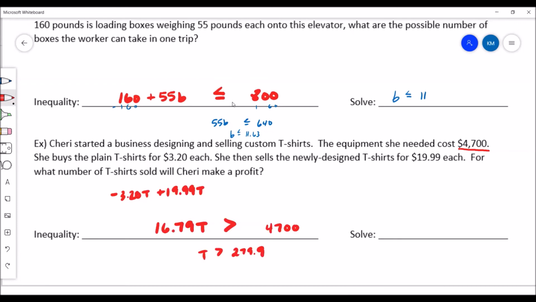So here's the thing. She needs to sell more than 280 shirts in order to make a profit. 279 doesn't work. We needed 0.9 more shirts in order for that to work, but we're not selling 0.9 of a shirt. Or Sherry's not.